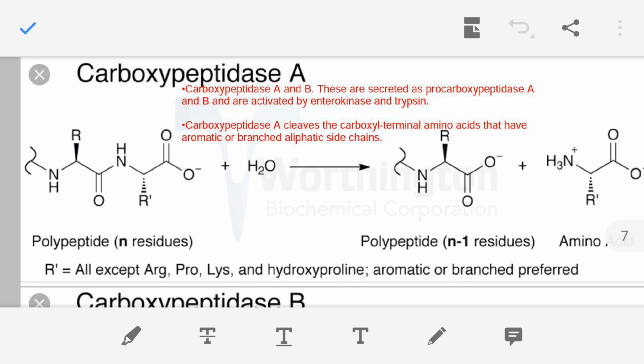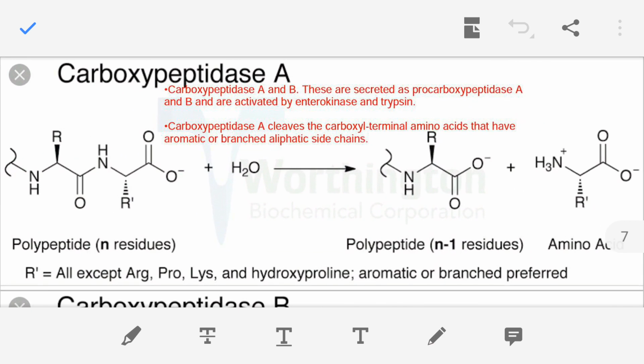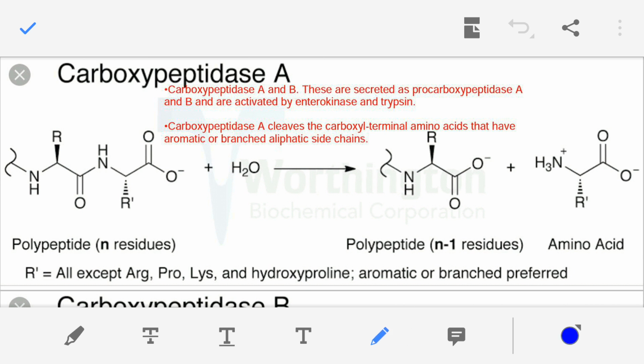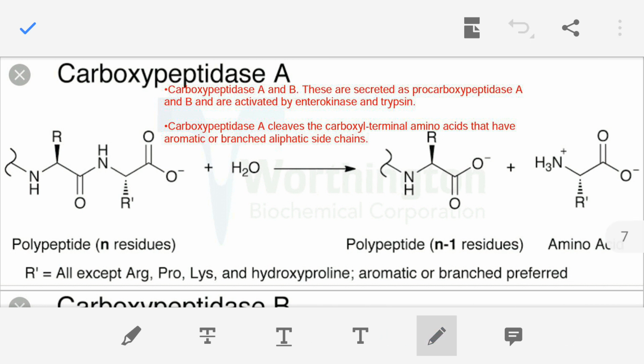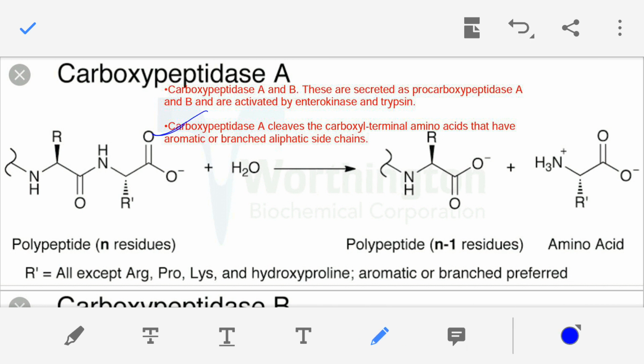Now what are these carboxypeptidases doing? Here you see a polypeptide is shown. We know polypeptide means many amino acids joined together by CONH peptide bonds. Now what is carboxypeptidase A doing? It cleaves the carboxyl terminal amino acid.